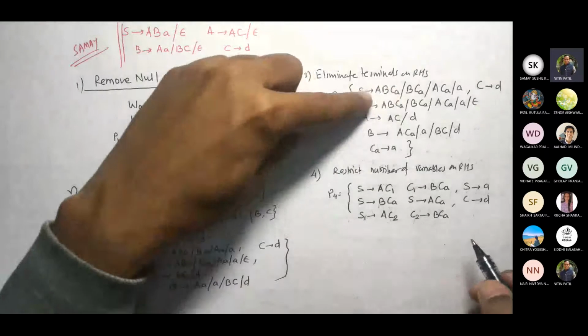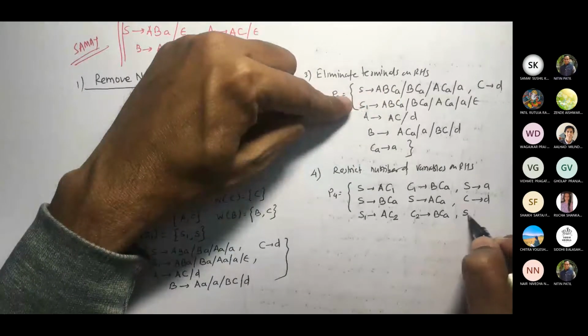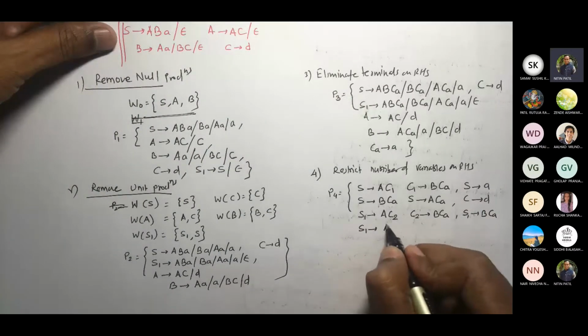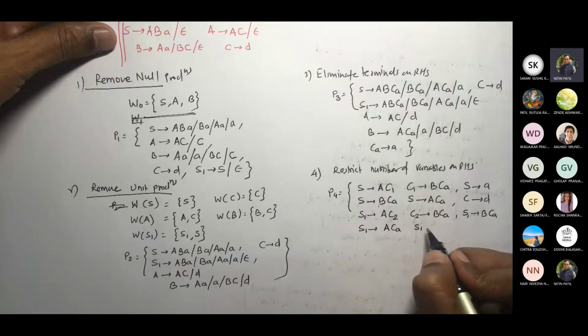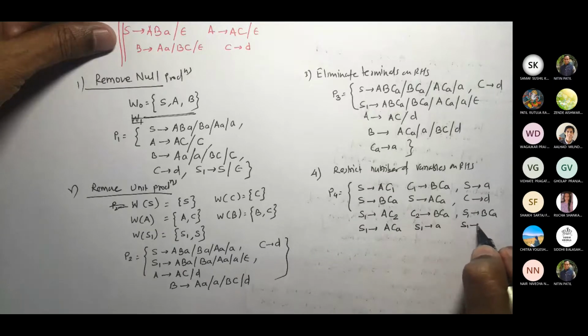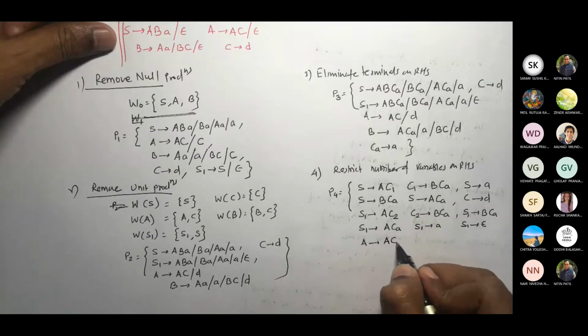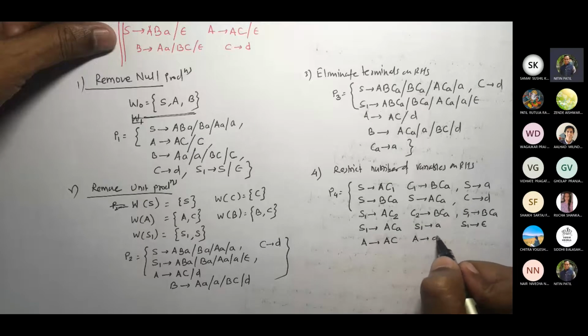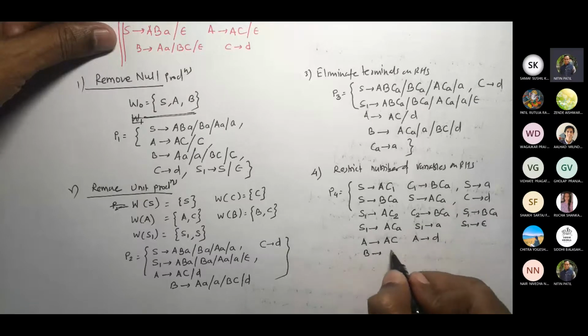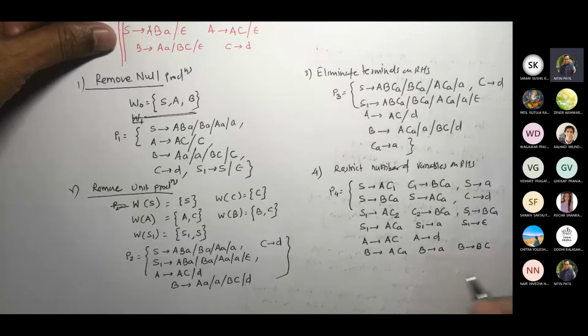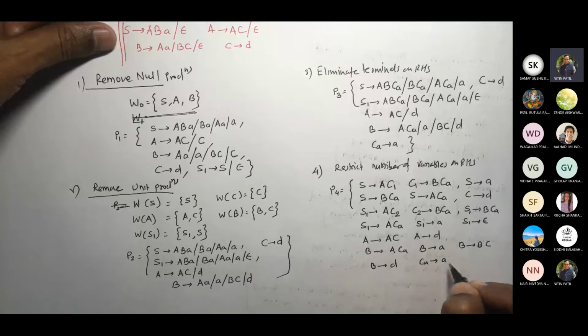Then S1 gives B, CA. S1 gives A, CA. S1 gives A. S1 gives epsilon. Correct? Then A gives AC. A gives D. B gives ACA. B gives A. B gives BC. B gives D. CA gives A.